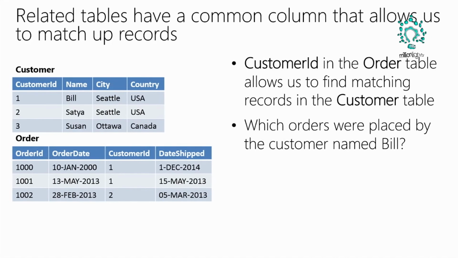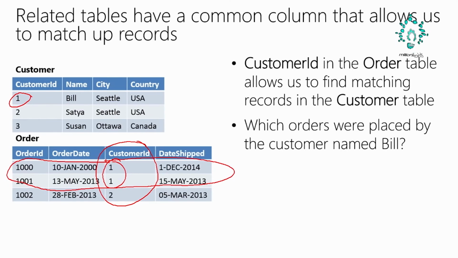Well, if I go look at the order table, you're going to notice that there's the customer ID column, and that would seem to match up to customer ID in the customer table. Right. And since we know Bill is customer ID 1, we just go find all the orders with customer ID 1, and now we know these are the 2 orders placed by Bill. We can see that he had an order placed in January 2000 that was only shipped in 2014. So 14 years. 14 years to get that. So maybe that's why he's calling.